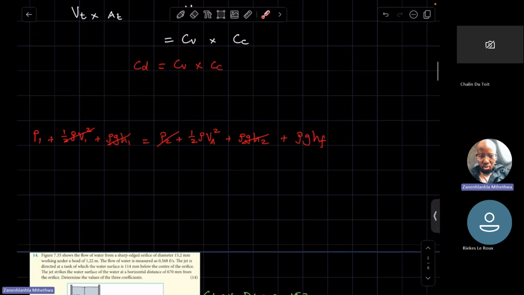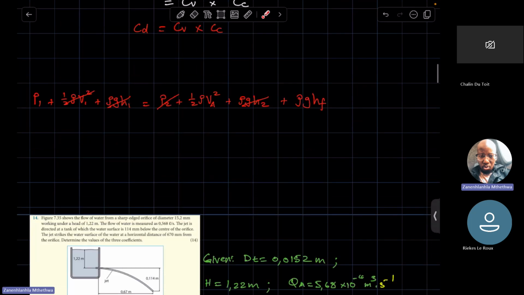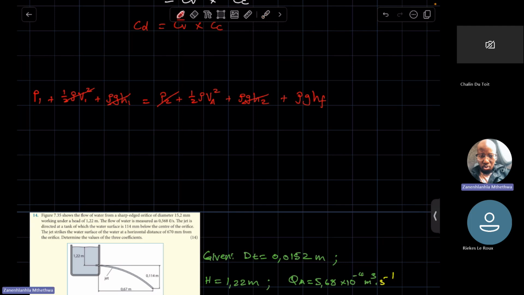There is a problem like that where you have to calculate, for instance, HF. They tell you that the system is experiencing frictional head losses, and you're asked to calculate those frictional head losses. So essentially HF. From this, you'll be left with P1 is equal to half rho VA squared plus rho g HF.